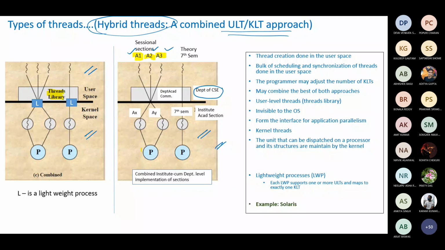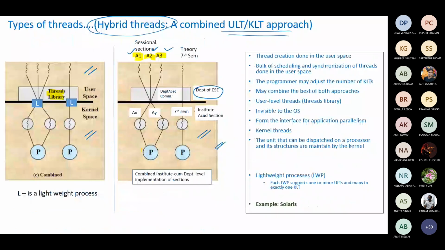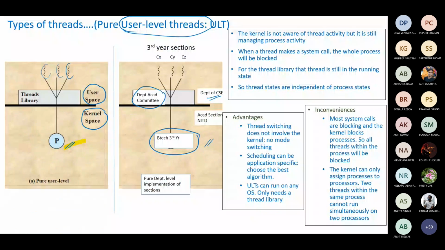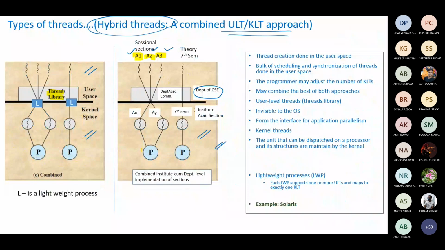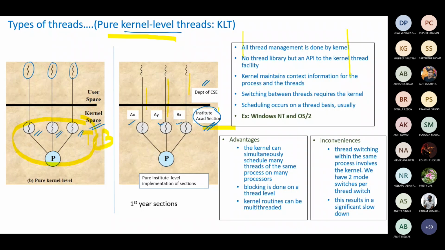Okay, so here, this is ULT, this is KLT, and this is the combined approach. Which of these three will be able to exploit the presence of multiple CPU cores? This one, this one, or this one?